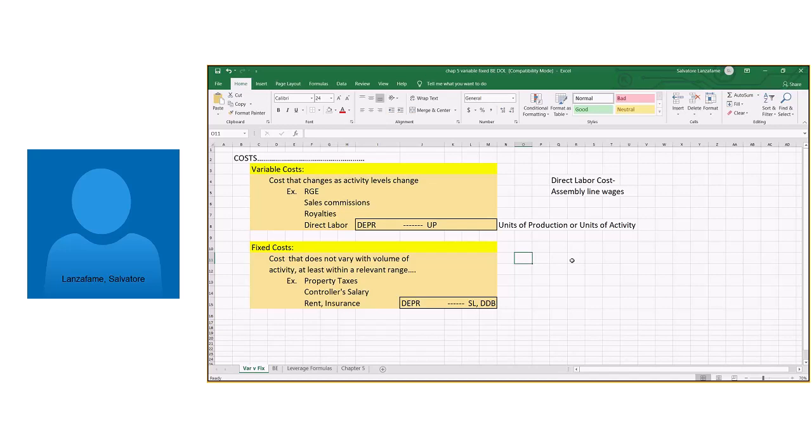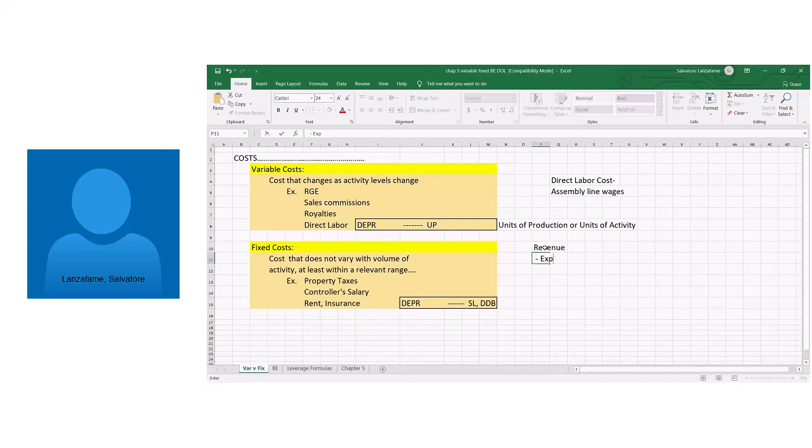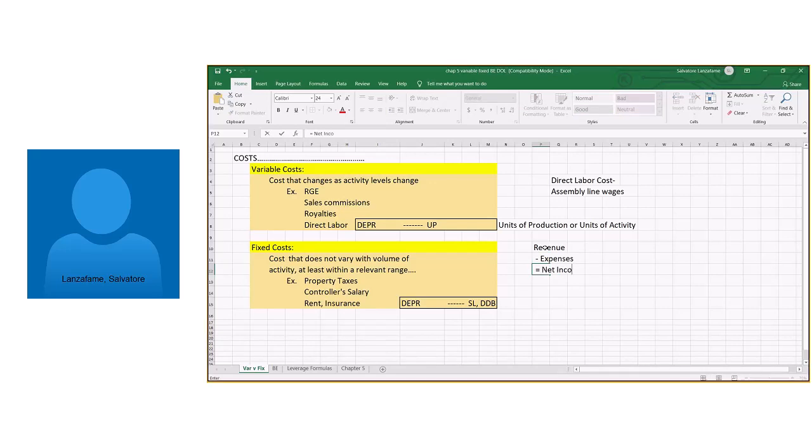So in previous videos, we've talked financial statements. And again, just a quick little summary. Your income statement could look as simple as this: revenue minus expenses, and that equals net income.